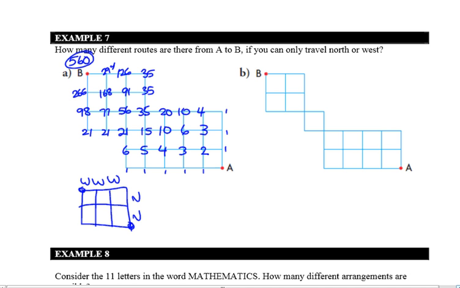So that's like a word. There's 5 letters, 5 factorial over our repeats, 3 factorial and 2 factorial. So that works only if it's just a rectangle. If it's a weird shape, then that method won't work. Because you treat it like a word, 2 norths and 3 wests, and divide by your repeat letters.